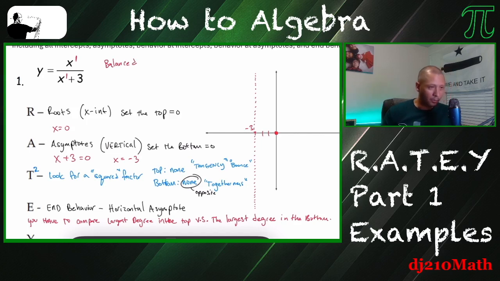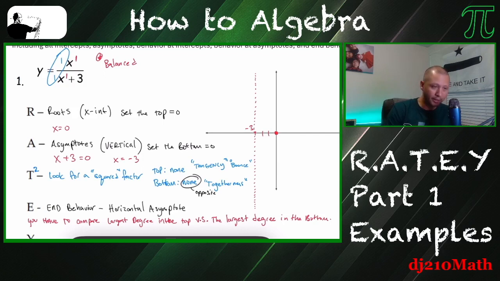All right, when it's balanced, we then have to compare the ratio of the coefficients that are on the variable.